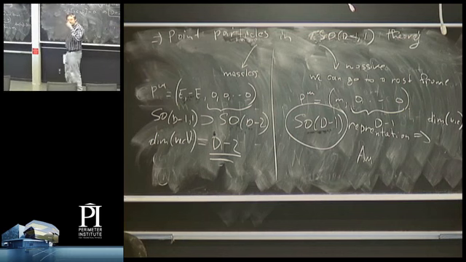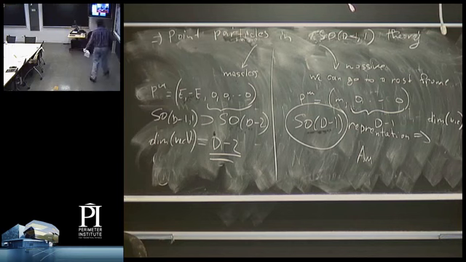And the point is that once you turn on interactions between strings, this massless vector field will give you gauge invariance. Okay, so whenever you have an interacting theory of massless vectors, there is an associated gauge invariance.